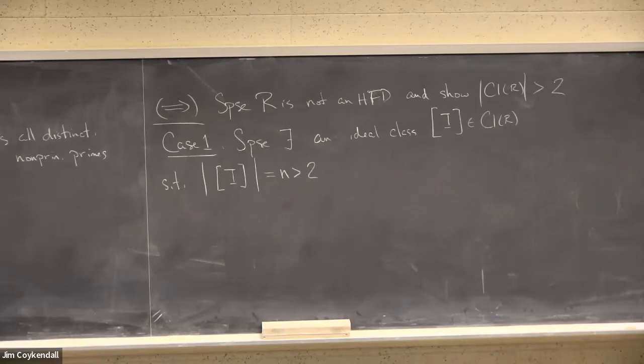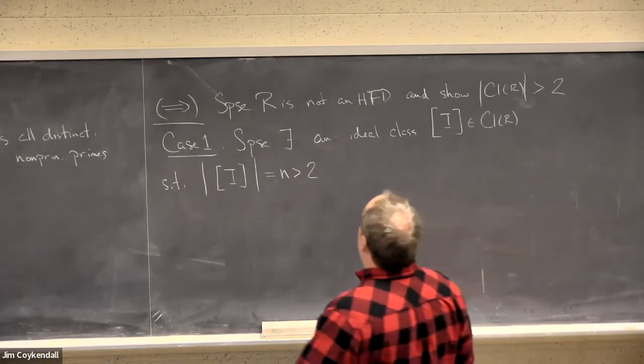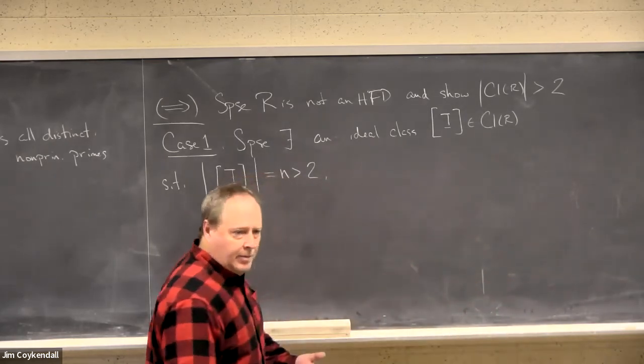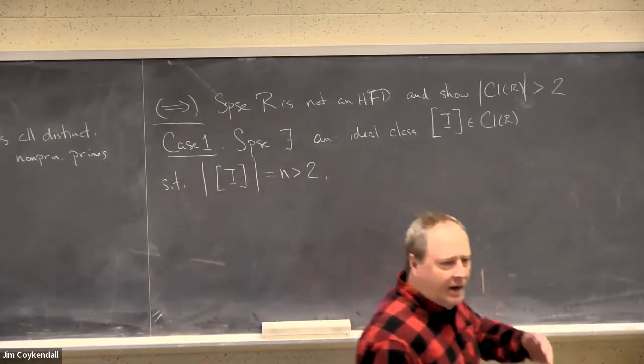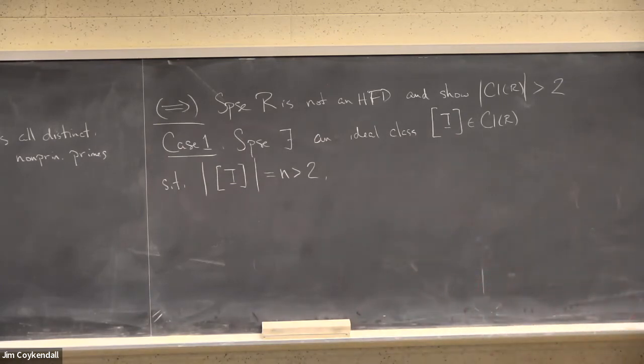Suppose there exists such. And can somebody give me an interpretation for that? Okay, so the order of this class is n, bigger than 2. But what does that mean about the order of the ideal class? What's an interpretation with regard to the ideal I?